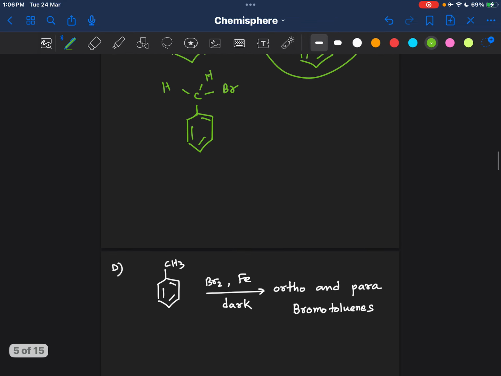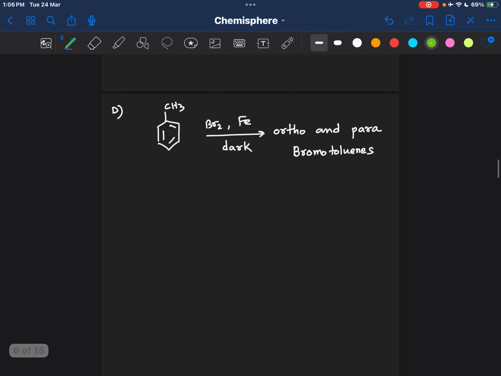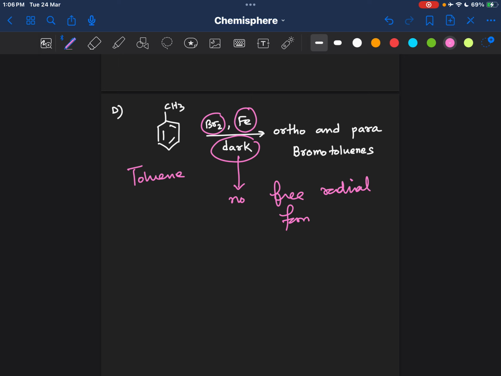And let us go and look at the fourth one. In the fourth one, we have toluene, and there is Br2 again, but we have iron, and we have dark. So this dark tells us that there is no free radical formation possible. Also the presence of iron tells us that it is going to be electrophilic substitution.